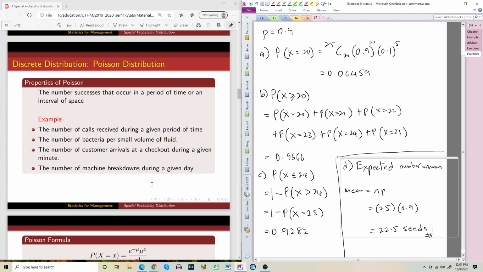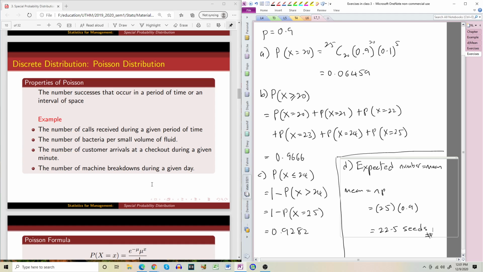For Poisson, the properties are the number of successes that occur in a period of time or interval of space. Before this, in discrete, there's no bound, no limit, no condition telling that the trials must happen in between this and that. Now here we have a condition or limit or a kind of bound.